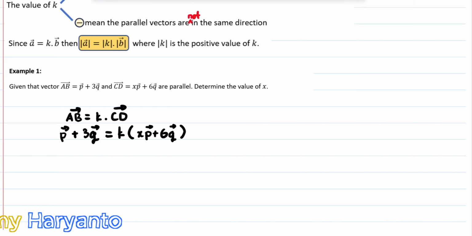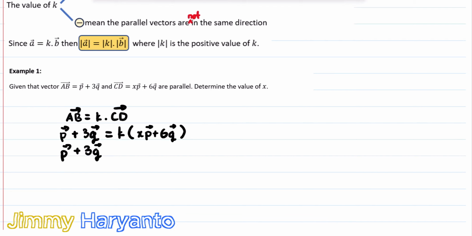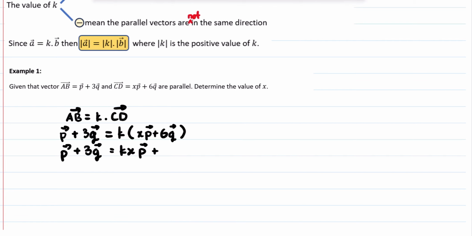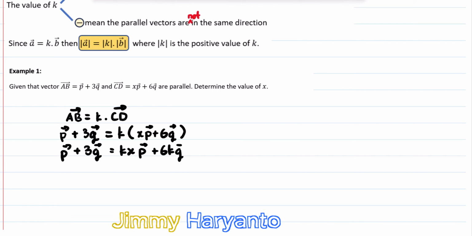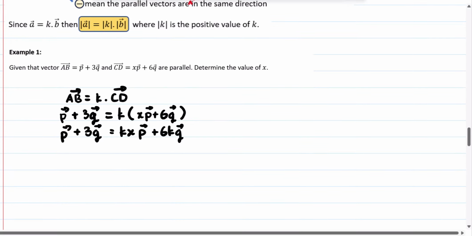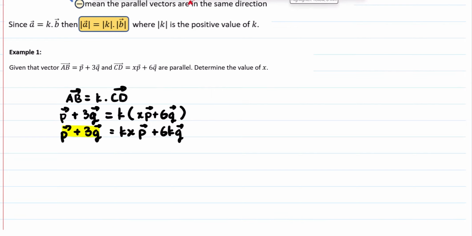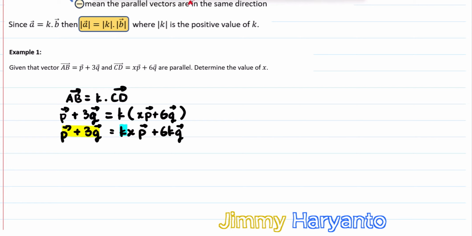just like this. Okay, and then you only have to multiply the K going into the brackets, so you have KXP plus 6KQ. Okay, and then because this is equal factors, that means the first factors is equal to the second factors.